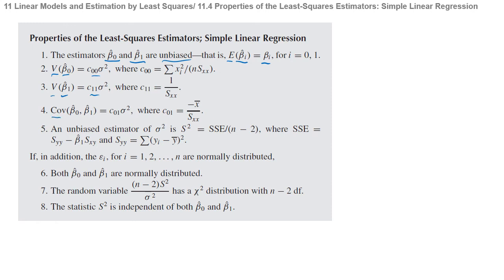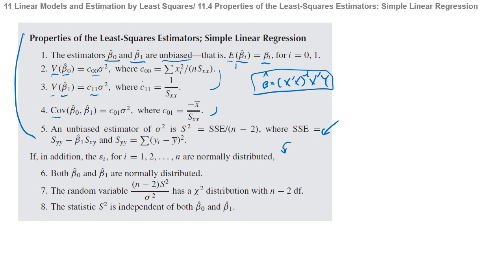We also covered the general case when beta hat is x transpose x inverse x transpose y. For the general case, we also showed it is unbiased, and the variance and covariance.